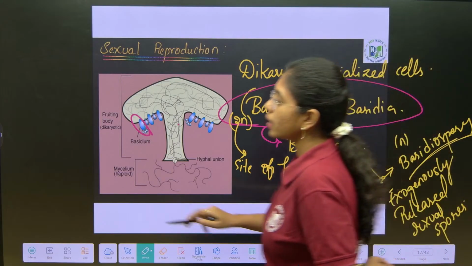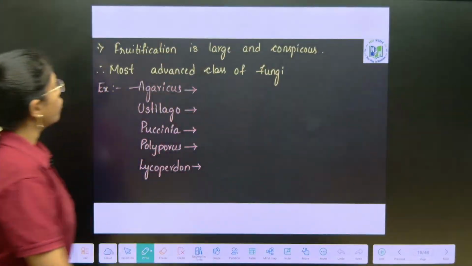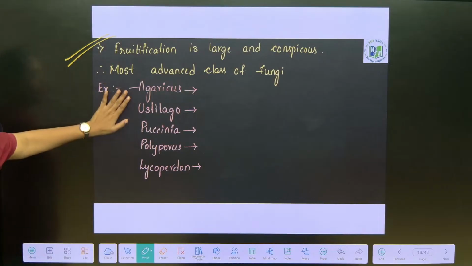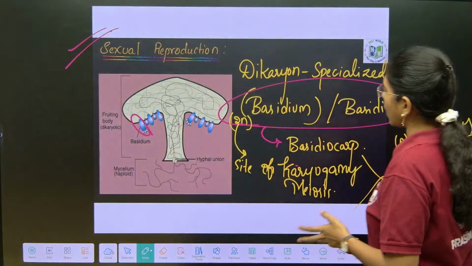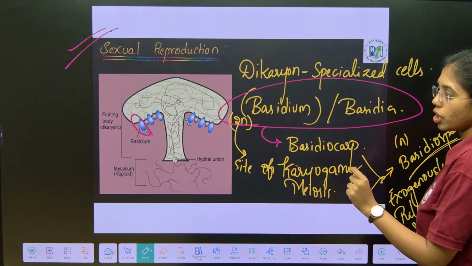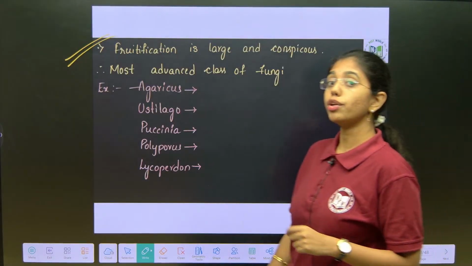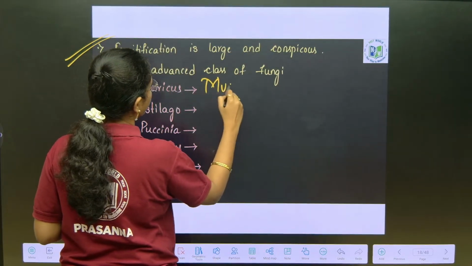Clear, right, ma? Clear till here? Yeah. Next, if you see, fructification is large and conspicuous in Basidiomycetes, and this is the most advanced class of fungi. I told you why it is the most advanced class of fungi. I hope the sexual reproduction and asexual reproduction is clear to everyone. Now, if we look into the examples: Agaricus, which is edible, which is mushroom.